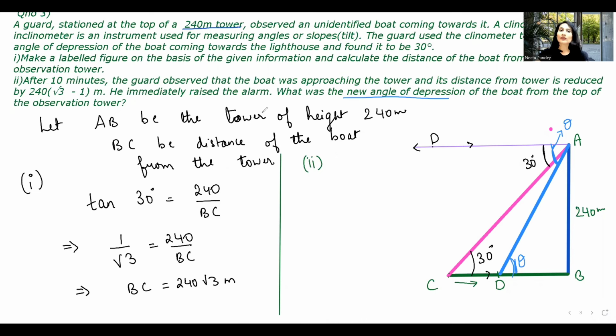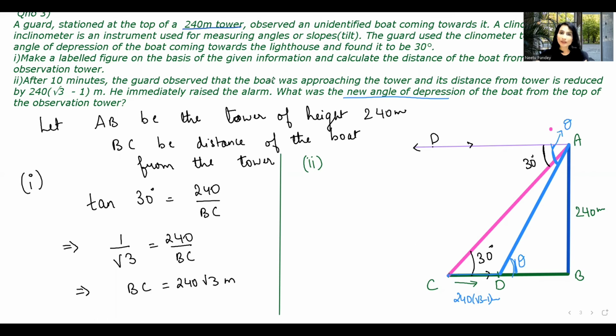ठीक है? अभी what information is given? It is given that the distance of the boat from the tower is reduced. Means जो boat अगर C position पे थी, तो जब वो D तक पहुंची तो उसने 240 into root 3 minus 1 distance cover कर लिया. Okay, so it means BC we know, BC 240 root 3 meters है.